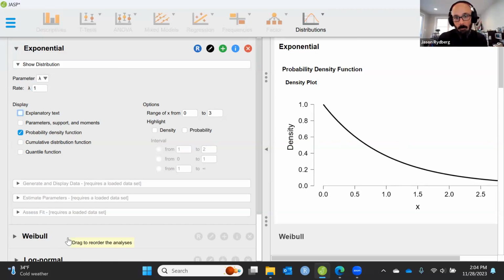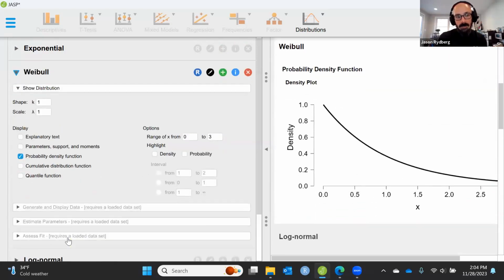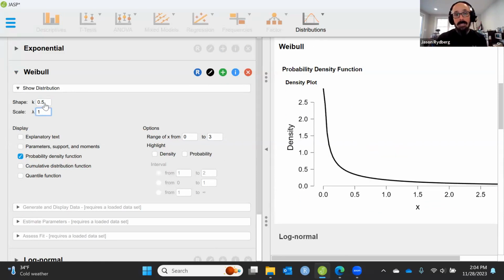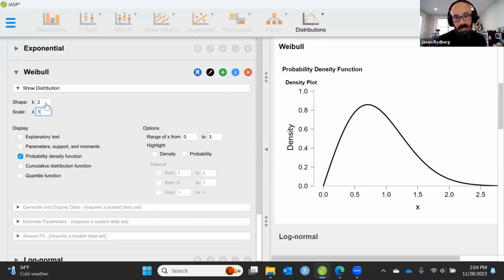Then I've got Weibull down here, with a scale and a shape parameter, which I'll discuss in a minute. Notice when those are both 1, it is equal to the exponential distribution. But if I change this to something like 0.5, we can see how that begins to change shape, and change this to 2, you can see how it changes shape again.